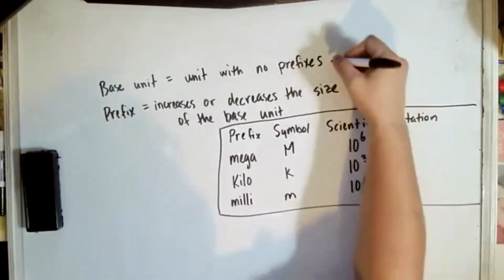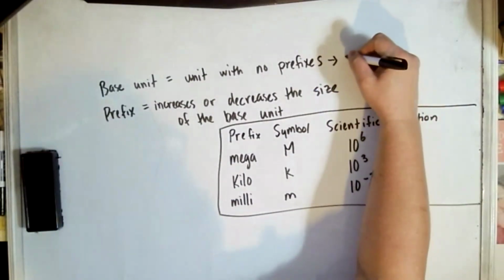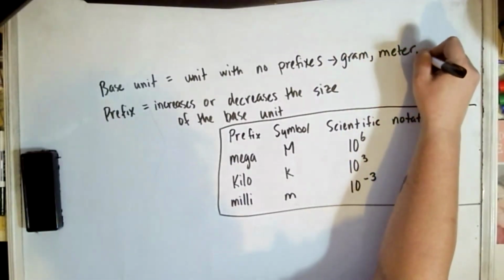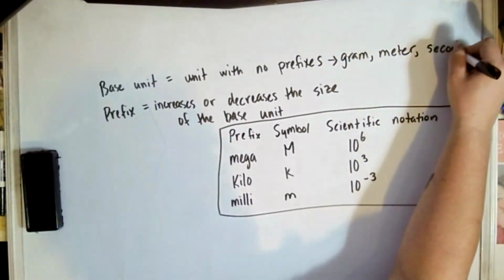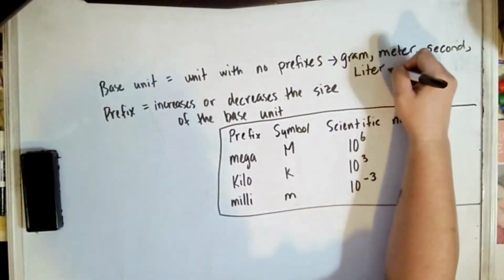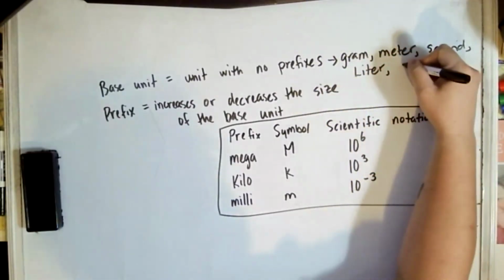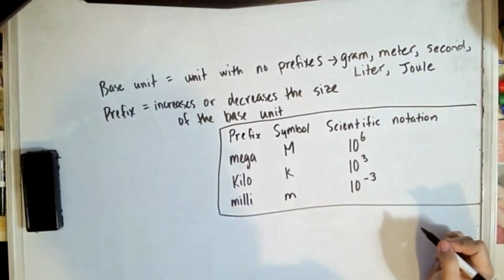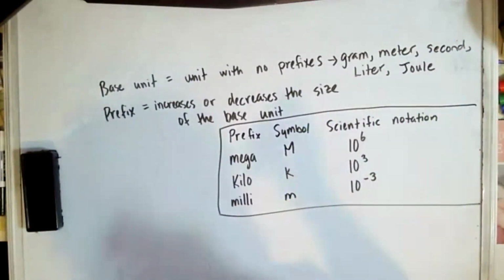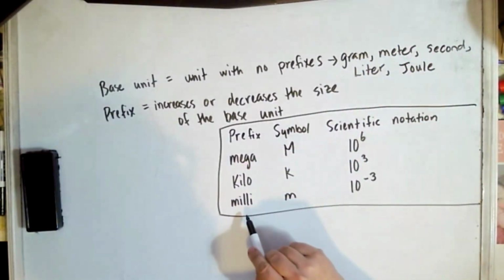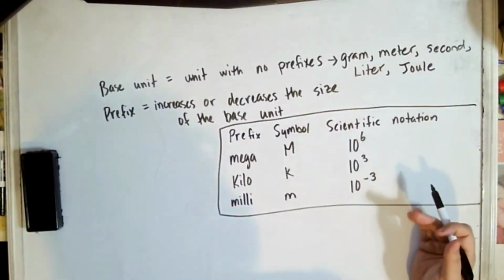So types of base units: things like gram, meter, second, liter, joule, if you're talking about energy. I did mass, we did volume. But you get the idea, right? Notice that none of these units have a prefix associated with them. So all of these would be considered base units.